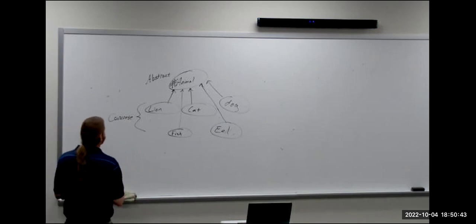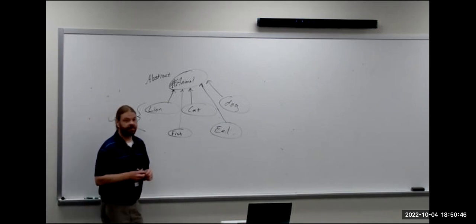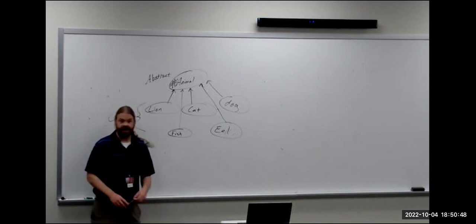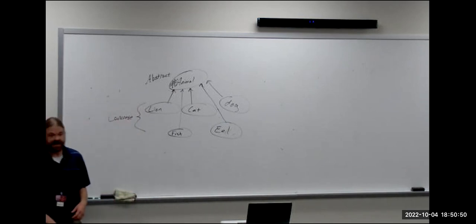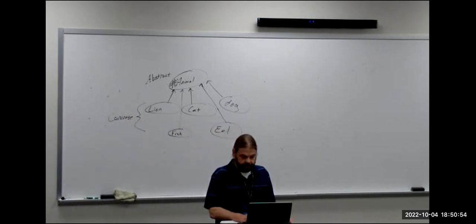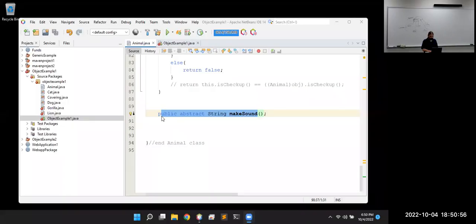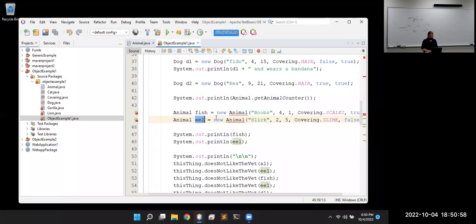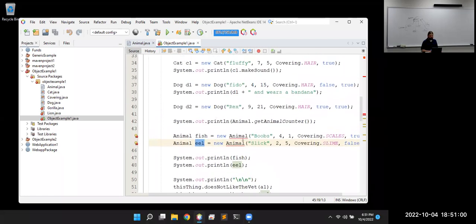But the abstract is just not quite finished yet. We know we have that method, we just don't know how to implement it until we get to the child classes. So if we look over here, we started to get these error messages on animal and on fish and eel. So we don't have sounds for those.